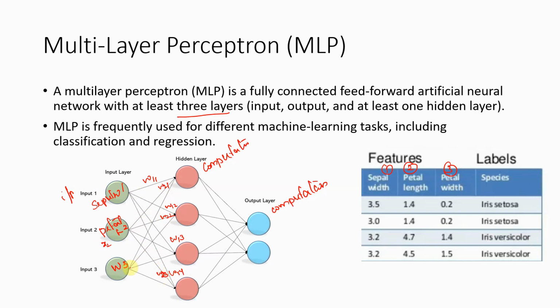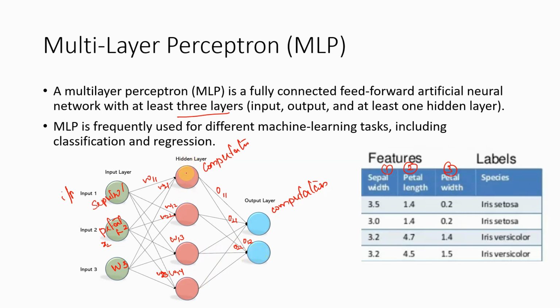Like that, we have different weights for node 3 to the hidden layers. And from the hidden layers, we have output 11 and then output 12, and like that we have output 21 and 22, and 31, 32, 41, 42.